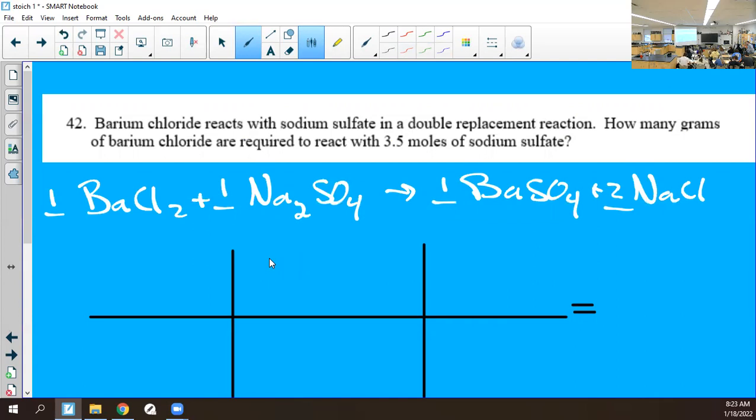You're right, all of you. You're all 100% right. This time it gives you moles and asks for grams. So will it match the exact same thing you just did? No. Follow the process.